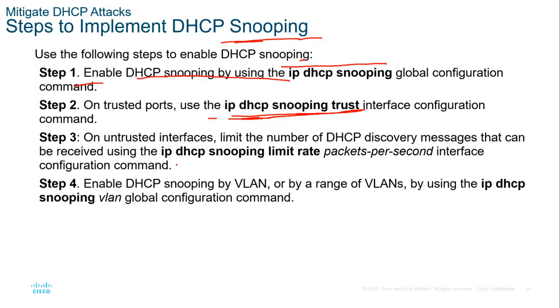And then step number 3, IP DHCP snooping limit rate. Now this one has to be on an untrusted port. And then you specify the VLANs, the VLANs that use that port. IP DHCP snooping VLAN. Which VLANs?